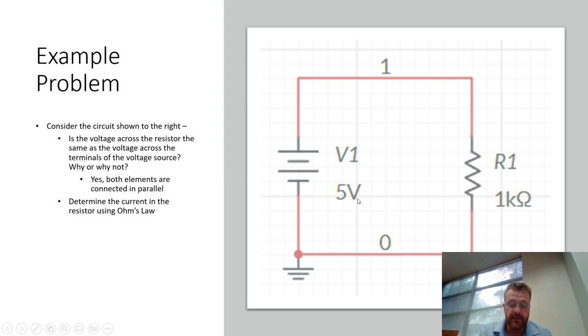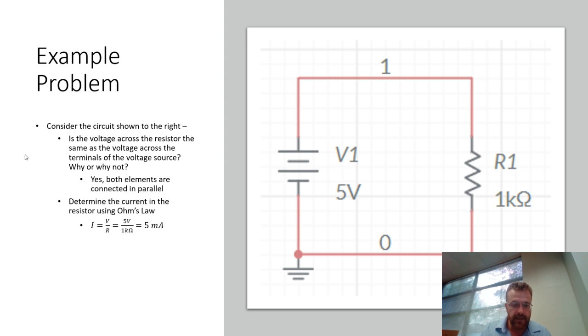Now, if I have a resistor and I know the resistance value and I know the voltage, how can I find the current? That's just going to be an Ohm's law problem, right? V equals IR, but I want to manipulate that equation in such a way that I can solve for the current. So I say that I, the current, is equal to V divided by R. That's exactly what we were talking about in the last slide. If you have more push, you'll have more flow. If you have more resistance, you'll have less flow because of that proportionality relationship.